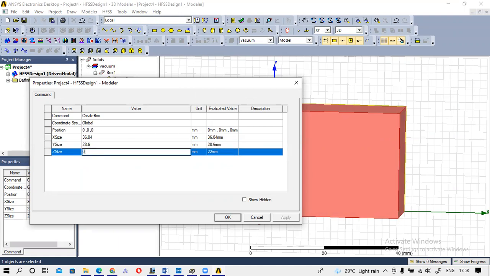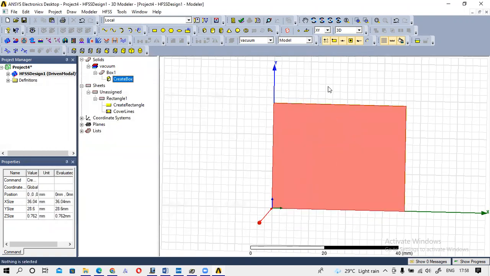It should be 0.762, in millimeters. So we have the ground plane, and now we have the dielectric material.